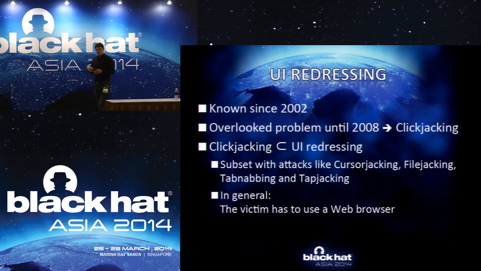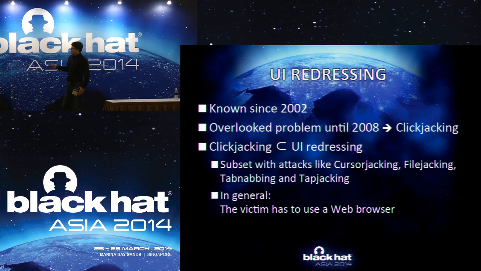And this ticket inside the bug tracker was closed by the Mozilla security team because they said, it's more a feature than a bug. We want that things are invisible. We want that things are half transparent. It's nice to have, it's fancy.